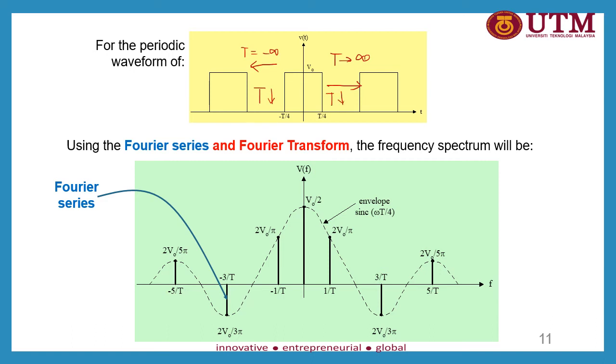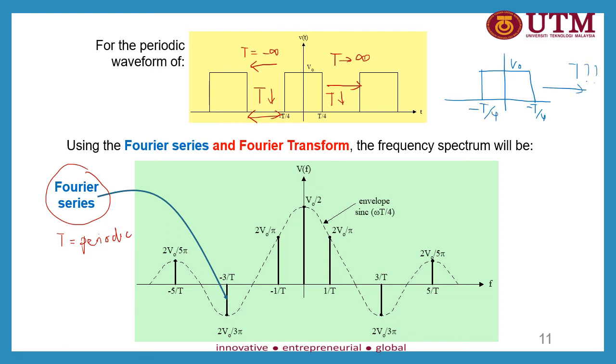you can plot the spectrum by using Fourier series because you know the T. In this case, it is a periodic signal, so you can identify the T. But if the signal now appears like this, a rectangular signal V naught, with T over 4 and minus T over 4, you don't know the T. Therefore, you cannot represent the spectrum as lines as in Fourier series.